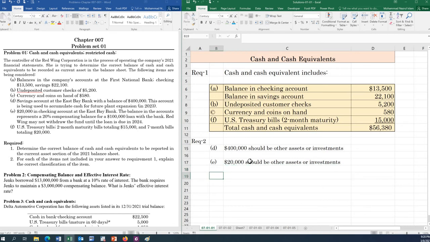And finally number F. In number F we have two parts, 2-month maturity bills and 7-month maturity bills.